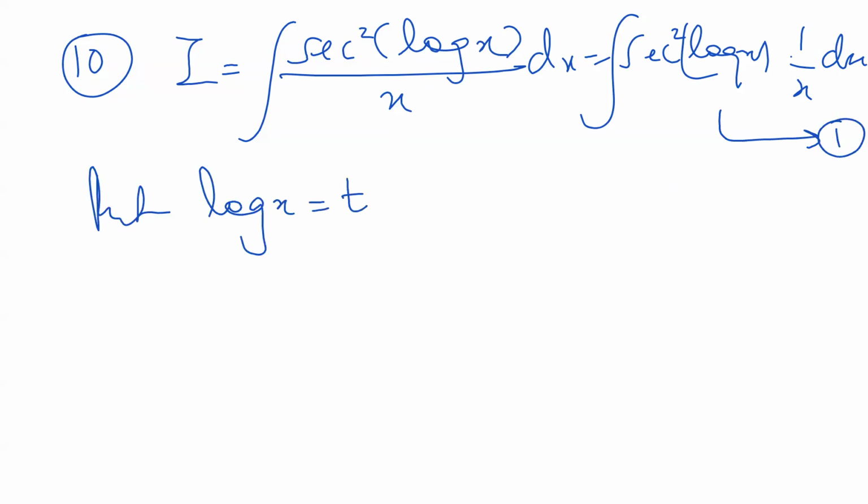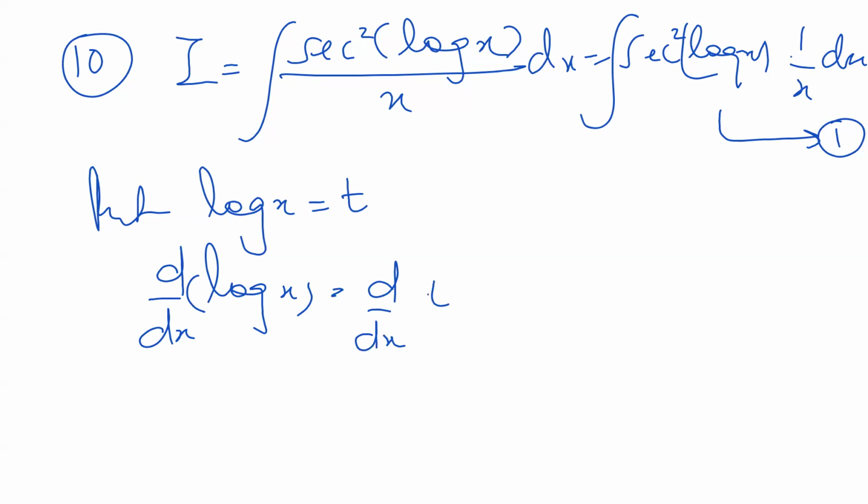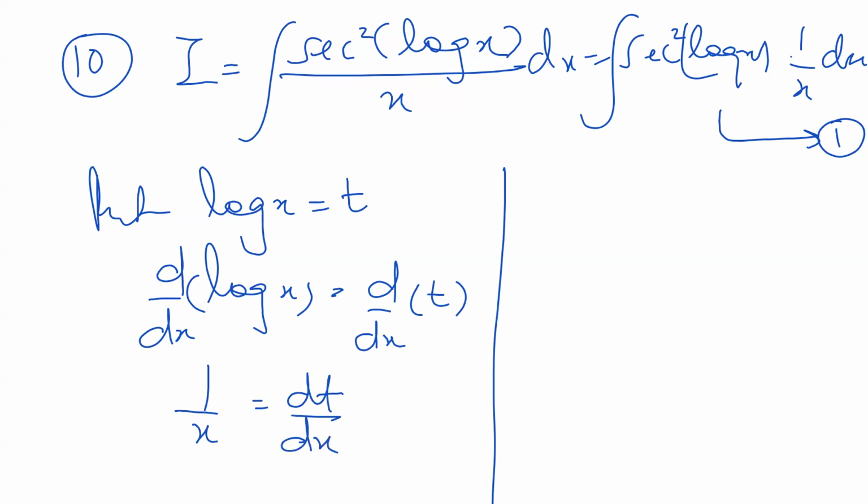Put log x equal to t. d by dx of log x equals d by dx of t, so 1 upon x equals dt by dx. Now look at equation number 1. 1 upon x dx is nothing but dt.